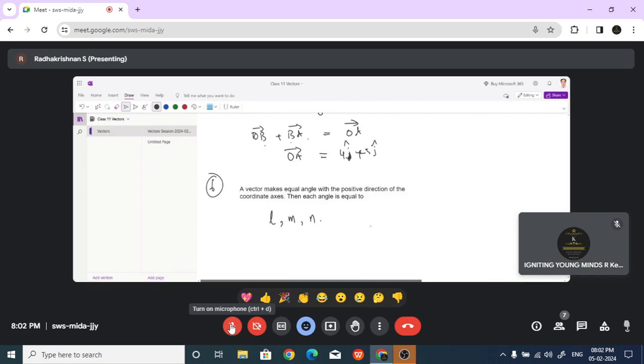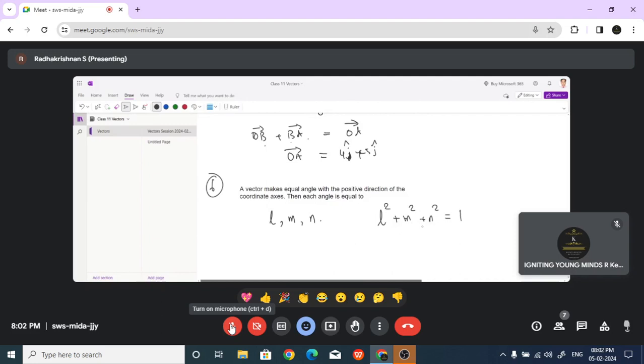L square plus M square plus N square equal to 1. So it is given that the angles are equal, means your L, M, and N are equal, right?